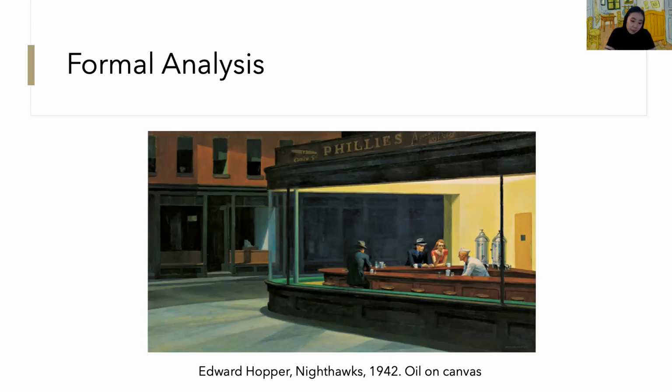And when making a formal analysis of a two-dimensional work, such as this painting, useful aspects you can consider are the locations of objects, the colors used, and the relationships between the parts of the composition.